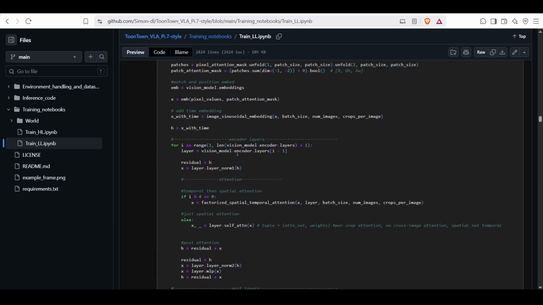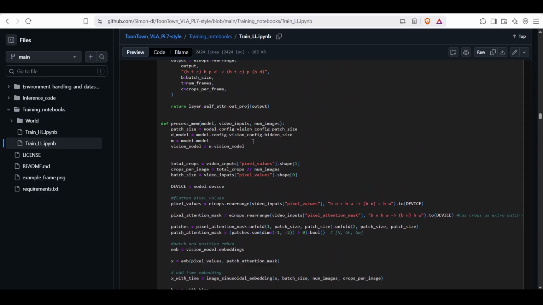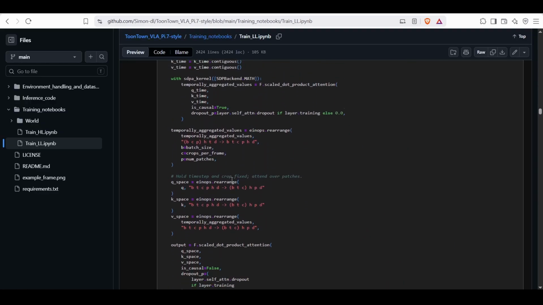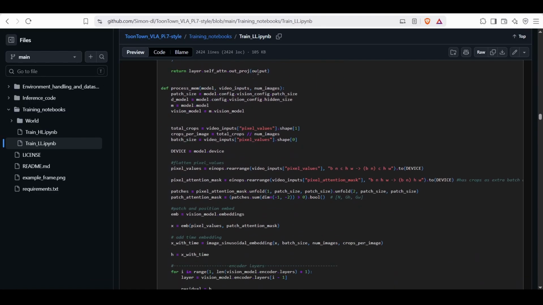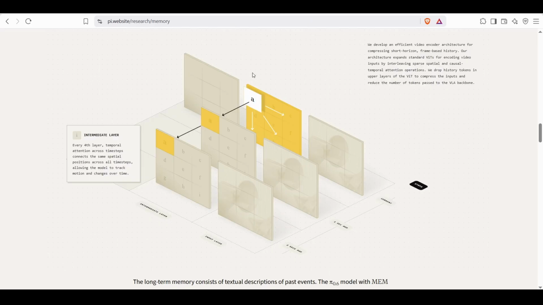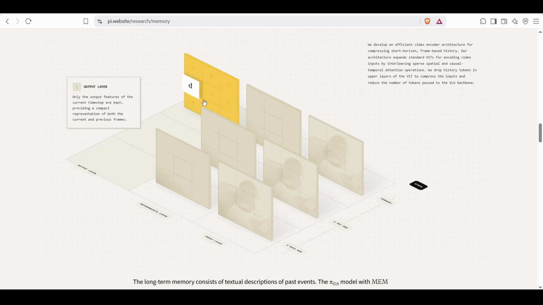And again, you can see that right here with my process memory functions and stuff like that in the training notebooks. But if you don't understand that and you want to, I'd highly recommend you read this MEM paper and its previous papers that it was building on, because they'll help you figure that out. But again, very cool.